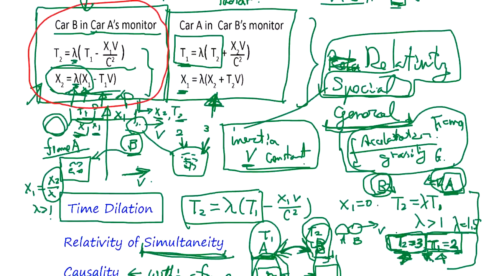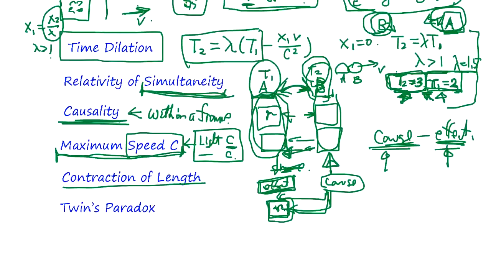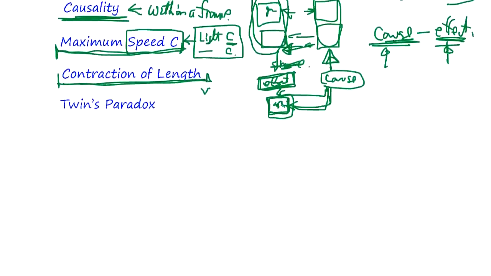So anything in a frame moving at the speed v seems to have a shortened length. That's called contraction of length. We're covering everything in a short time, so you have to follow up with your own research later.